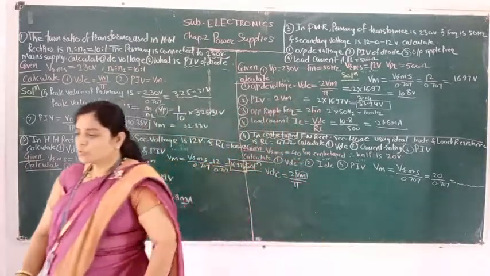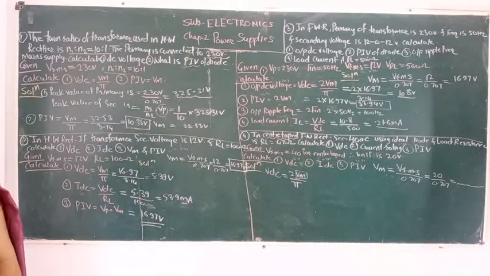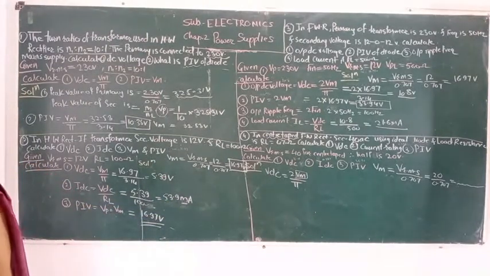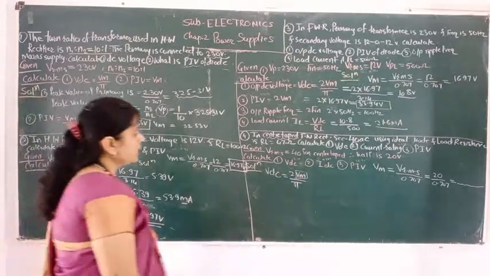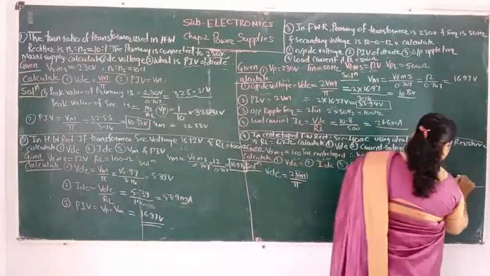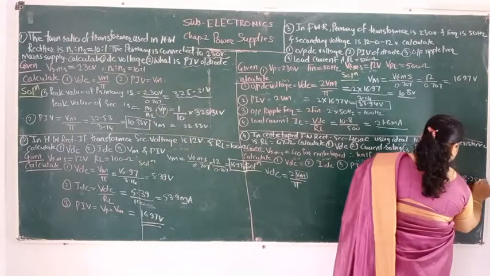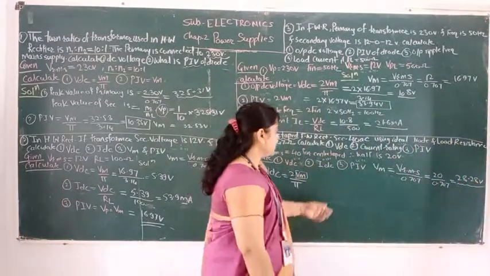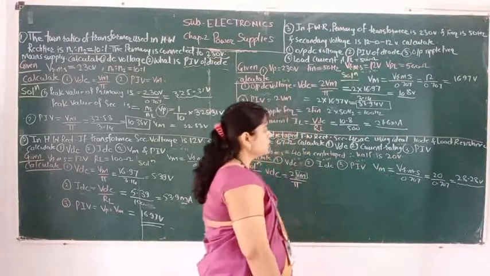Okay, so Vm is equal to 20 divided by 0.707, which is 28.28 volt. You try to solve it yourself by using a log table.